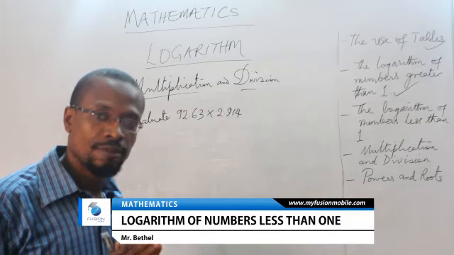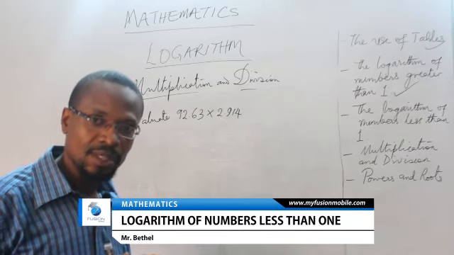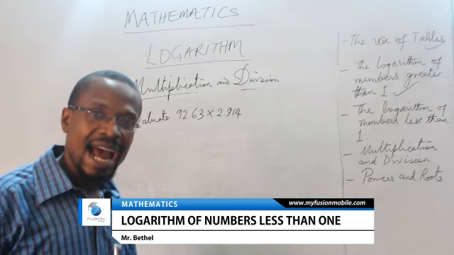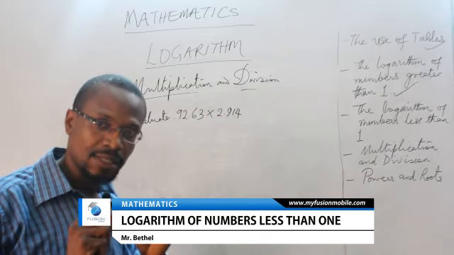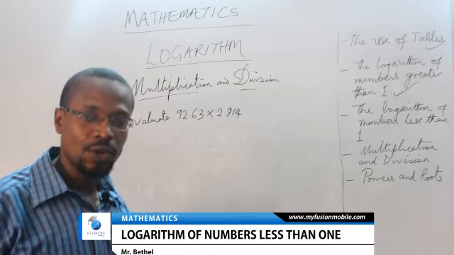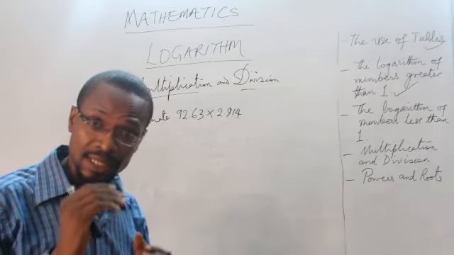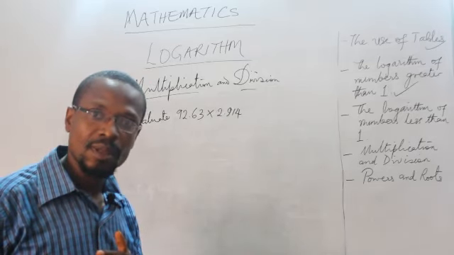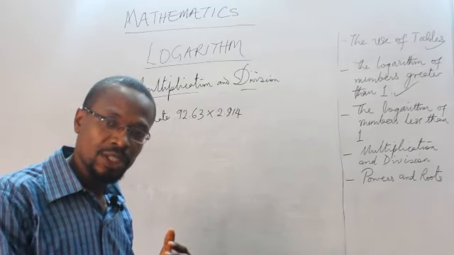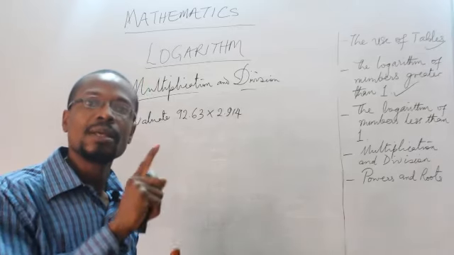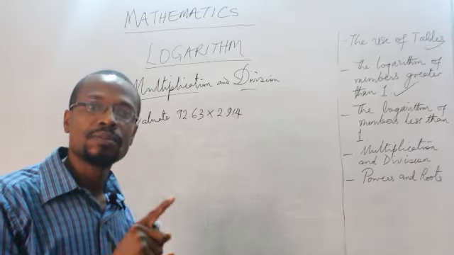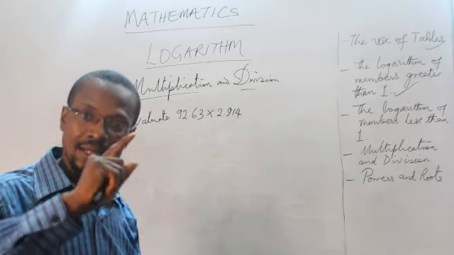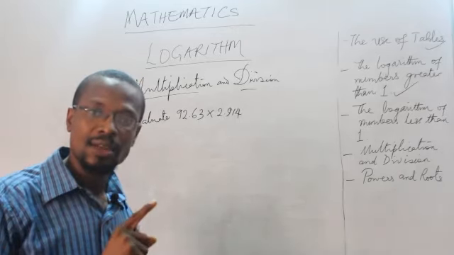You're asked to divide: get their logarithms and subtract. After these 2 processes, you get the anti-logarithm. For both cases, get the logarithms, add for multiplication, then get the anti-logarithm. For division, get the logarithms, subtract, then get the anti-logarithm.